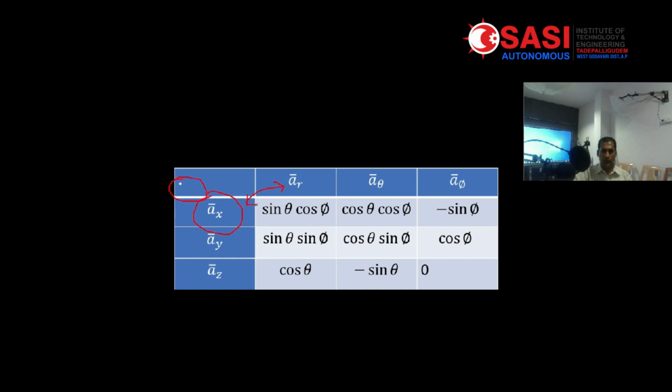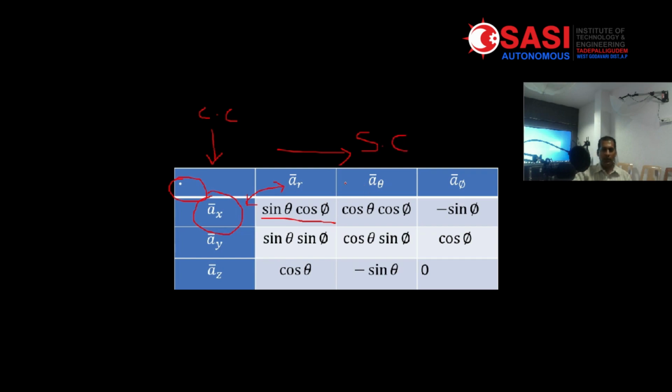If we take the dot product between AR and AX, the answer will be sin theta cos phi.